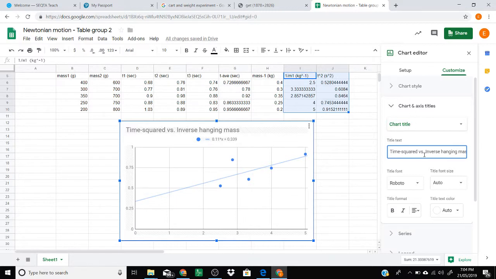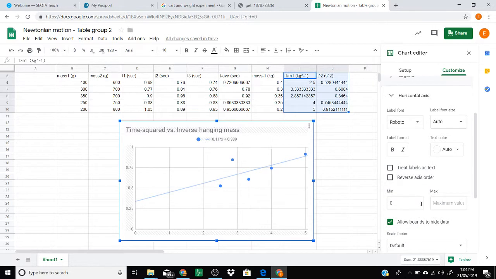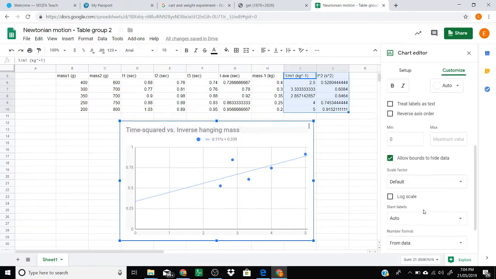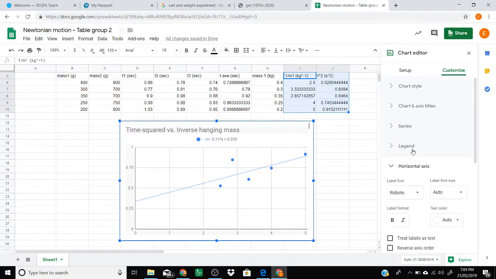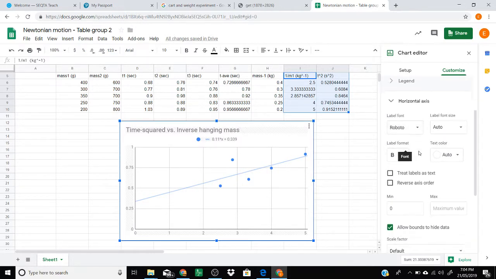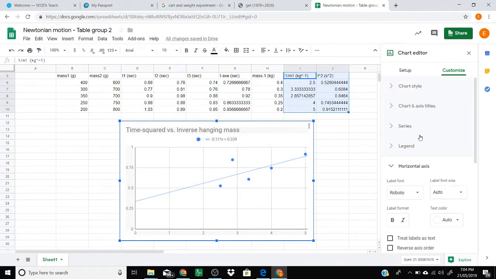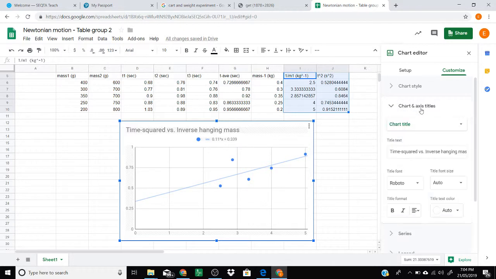All right. Let's add the axis titles as well. Oh, you can do it all here. Okay, horizontal axis title.